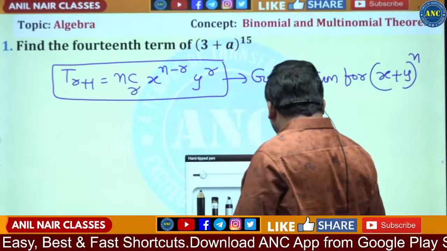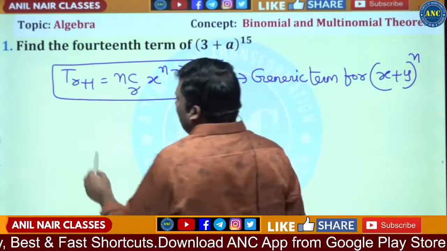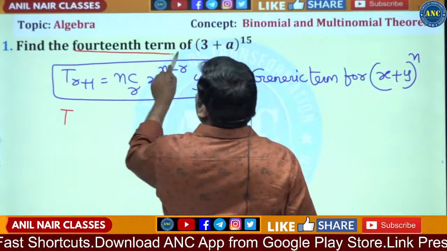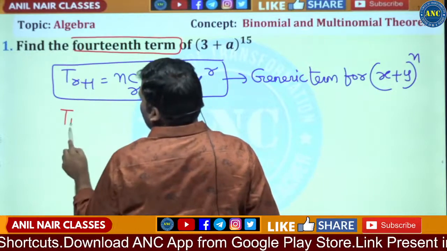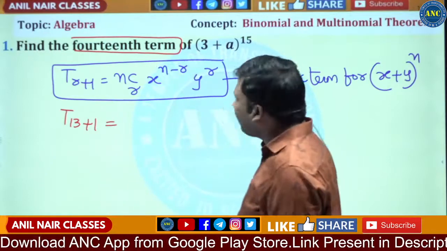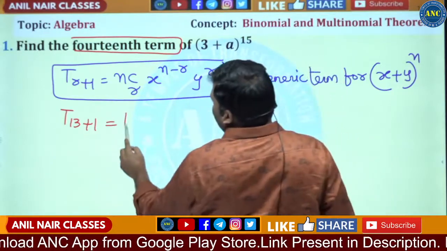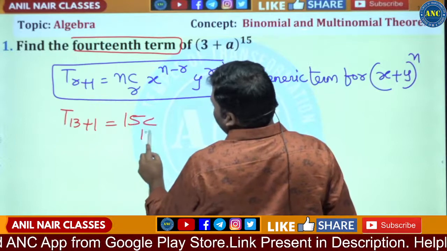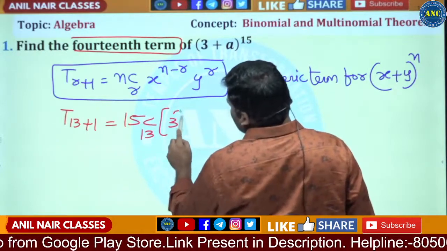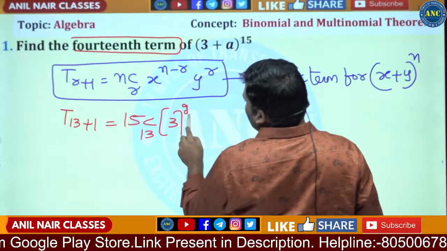Now listen carefully. T of r plus 1, which term do we require? 14th term we require, so r will become 13. T of 13 plus 1 equivalent to 15C13. Instead of x, it is 3 power 15 minus 13, which is 2.